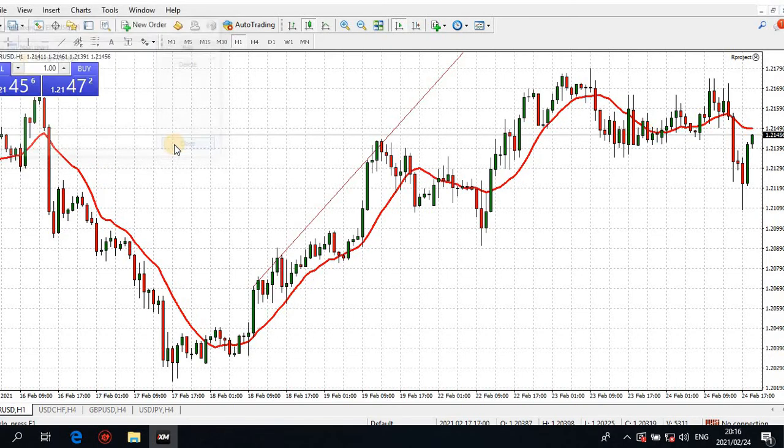After that you can see my indicator is changing, and it shows me that the market is straight. As you can see, this moving average, once you see this, it obviously tells you that we may have a consolidating market from here.